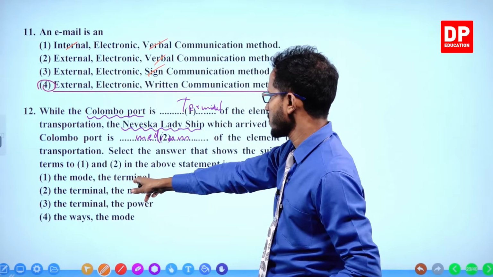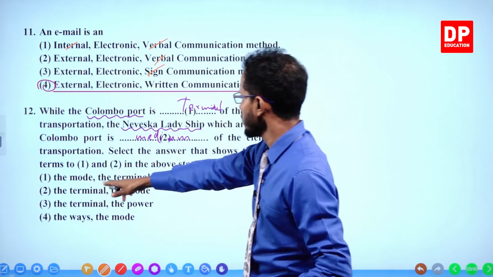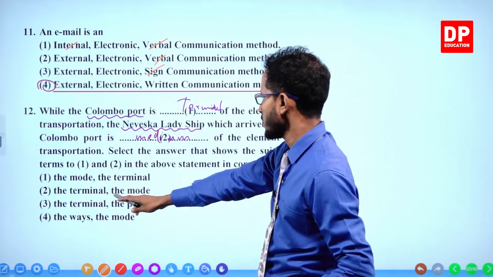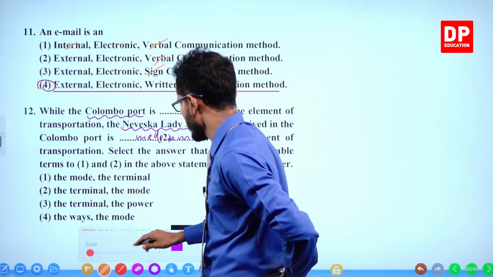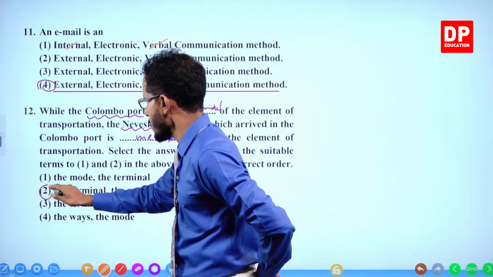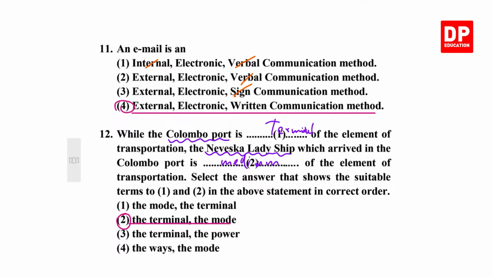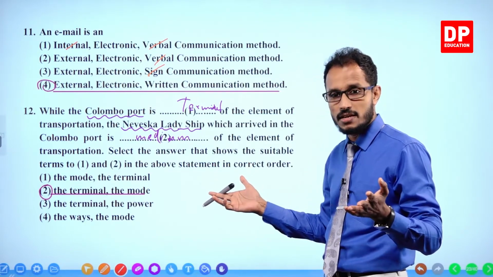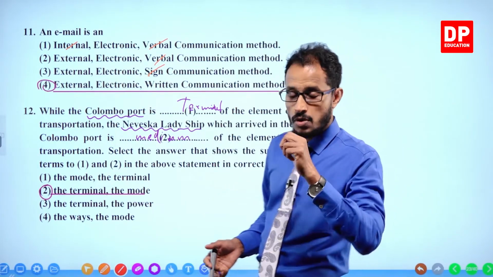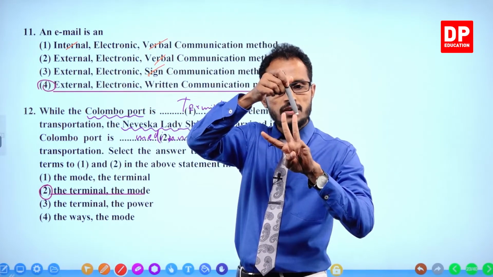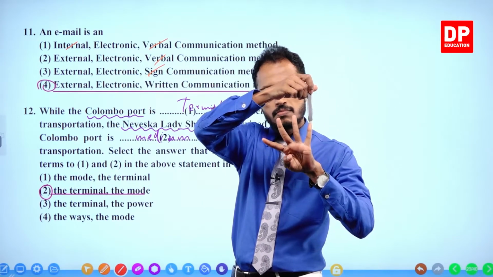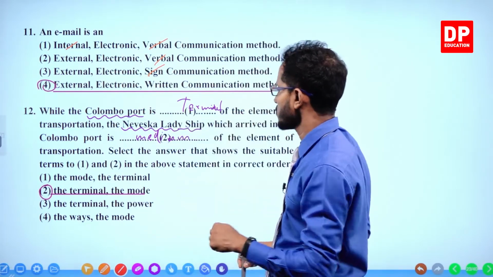There you go: terminal and the mode. Mode means the medium. Ways, medium or mode, power, terminal: the 4 elements of transportation.